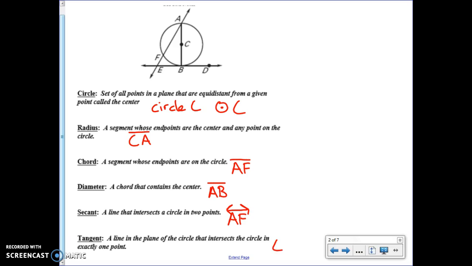You can call it EB, you can call it BD, whatever you would like, just pick 2 of the 3. One thing you also need to know is that point B is called the point of tangency.